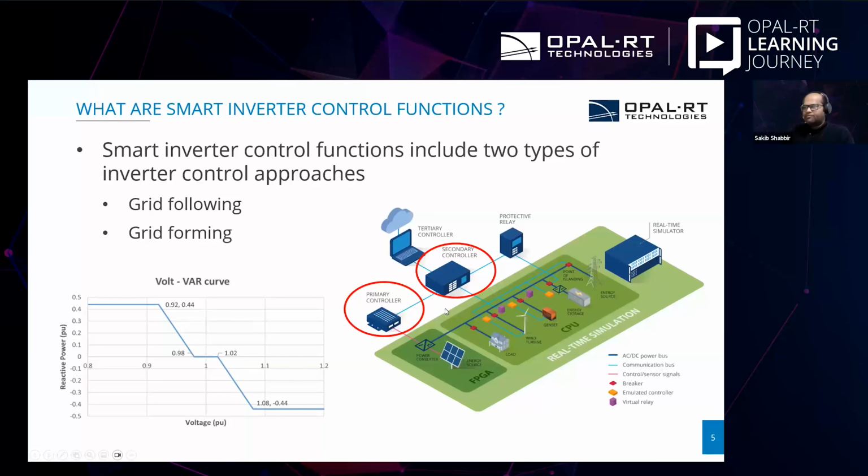With all this in mind, all these control blocks, from primary to secondary to tertiary, have been developed in layers, so that whatever control layers the user needs, they can just pick and choose them and put them into their simulation model and do their analysis.